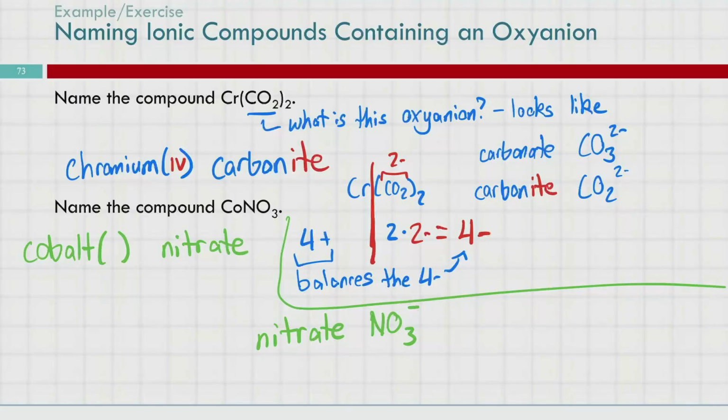Doing our charge breakdown, our nitrate is 1 minus. We've only got one of them. So what does our cobalt have to balance out 1 minus? What's the opposite of 1 minus? 1 positive. So it's cobalt 1 plus, so cobalt 1 nitrate.